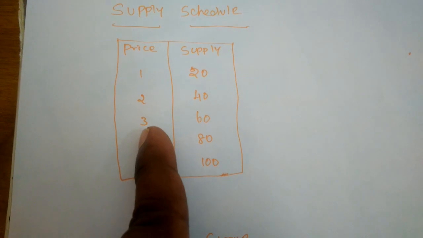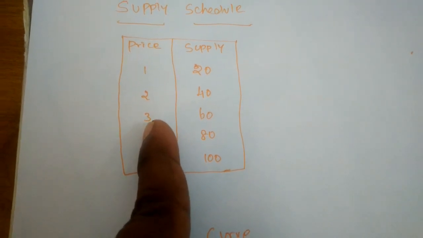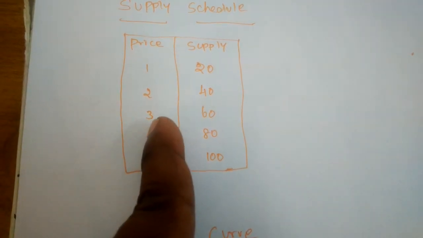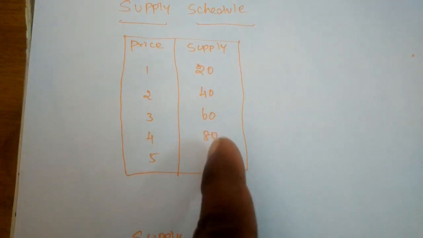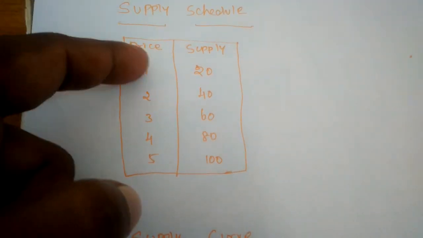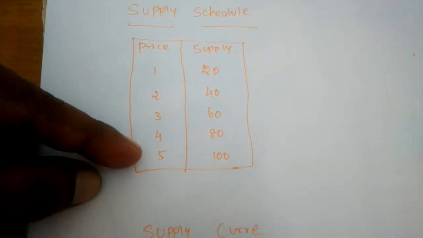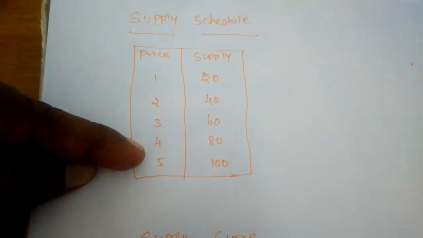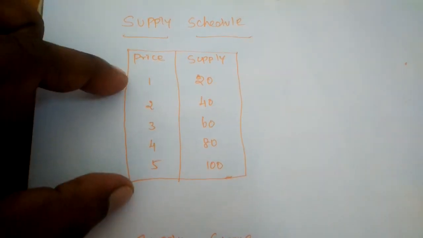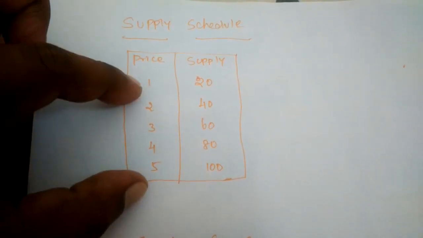So like that, whenever the price of the apple increases, on the basis of the increasing price, the supply of the apple also will be increased from 20, 40, 60, 80 and 100. Because the price is increased. Whenever the price of the commodity is increased, the suppliers or producers will earn more profit.